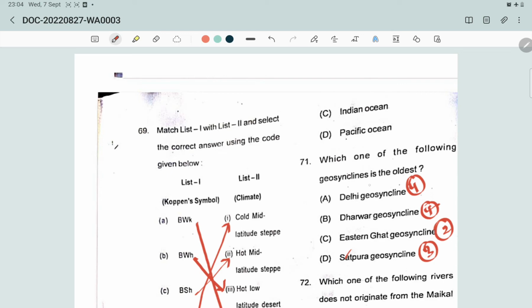And here the question is the oldest geosyncline, and it is the Dharwar geosyncline. It is of the Aravalli Range.